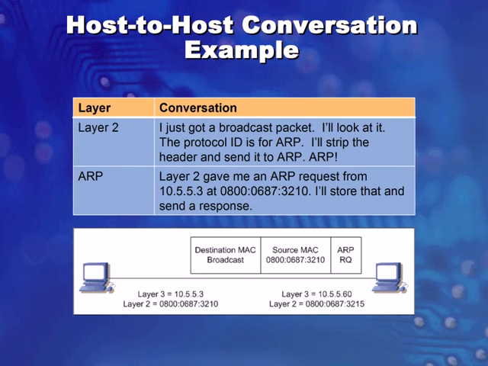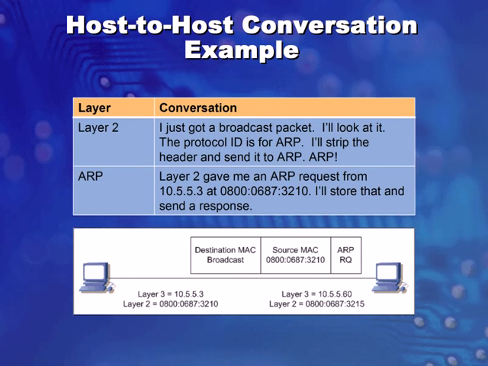So on the other side, on the right-hand side, it looks at it and says, hey, I just got a layer 2 broadcast. It strips off the layer 2 header and looks at the ARP request. Inside the ARP request, it says, oh, wait, that's a request from 10.5.5.3, and they're asking for my IP address. So I need to respond back with my MAC address.